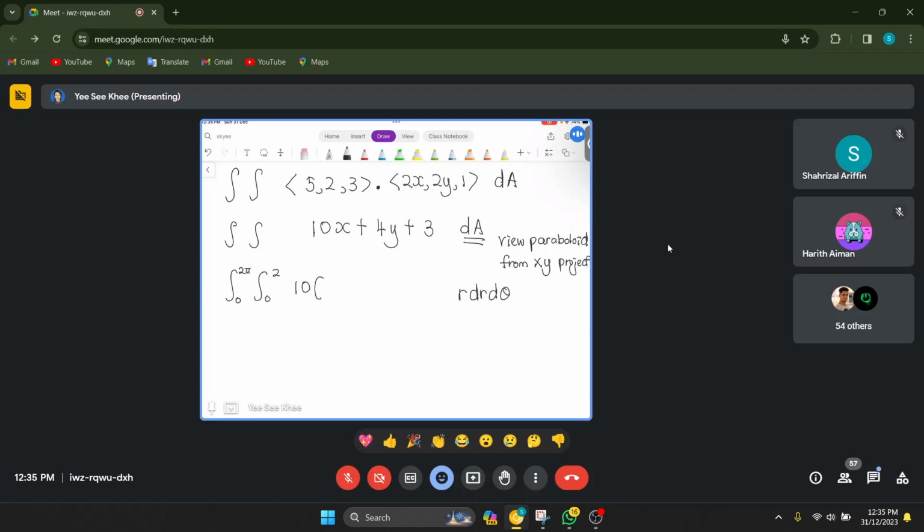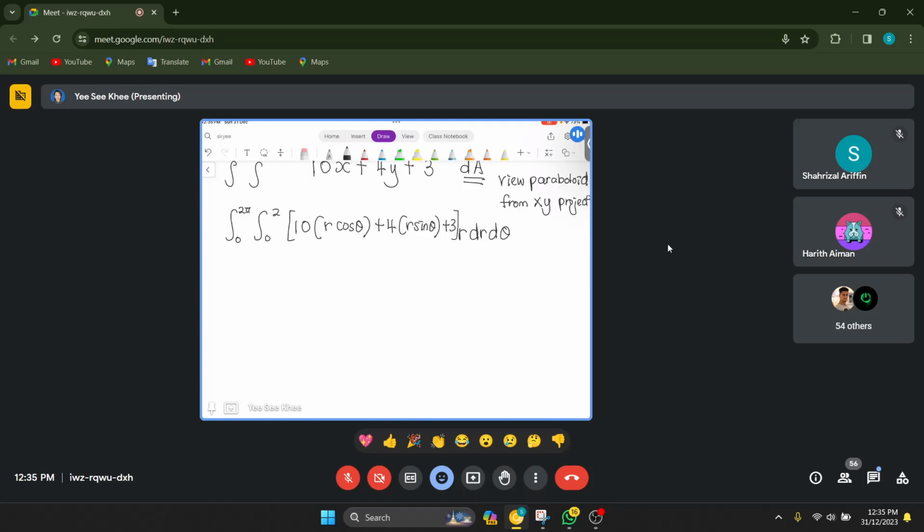Then x will be replaced as r cos theta because you convert into polar coordinates, plus 4 r sine theta, plus 3. Continue to simplify it.